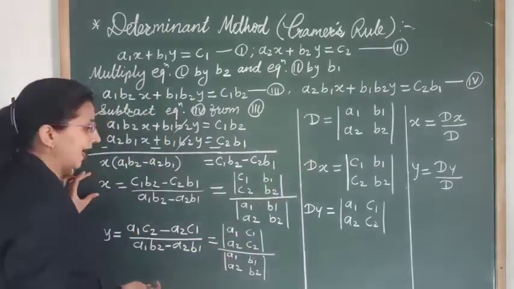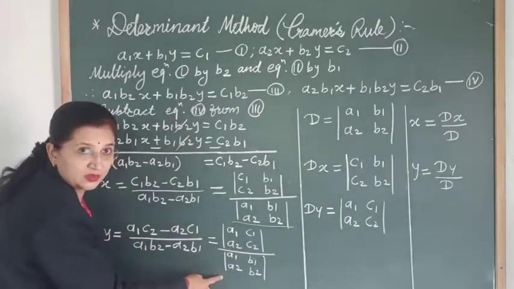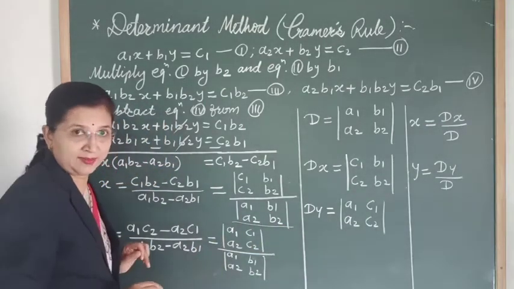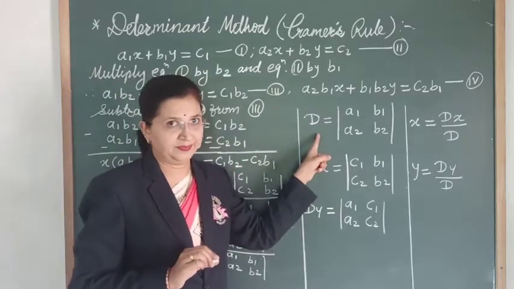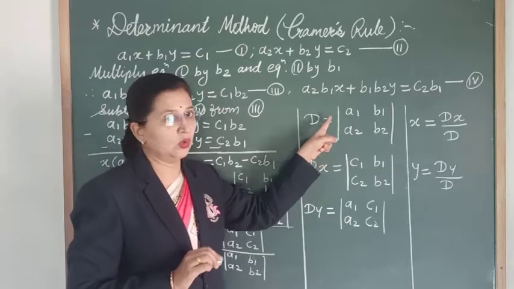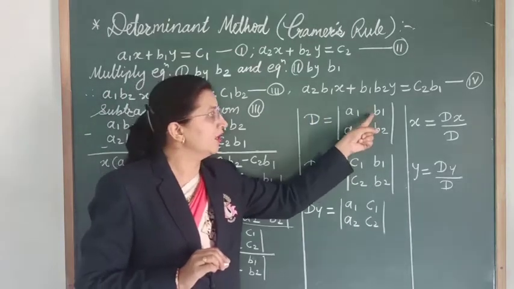Now for x the denominator is this, and for y the denominator is this. Both the denominators are the determinant D. So D is equal to a1, a2 in the first column and b1, b2 in the second column.